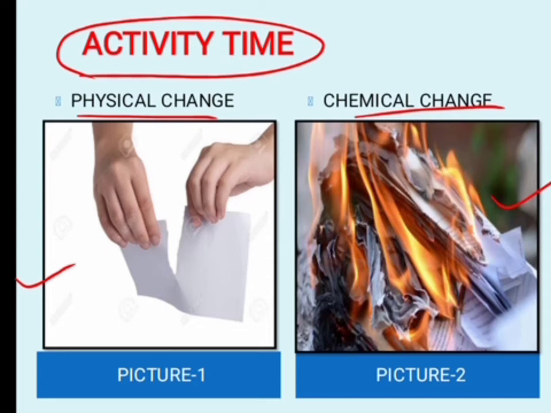Only a large piece of paper is cut into small pieces of paper. Only the size of the paper changes, but the chemical property of each piece of paper is the same. That's why it is a physical change.